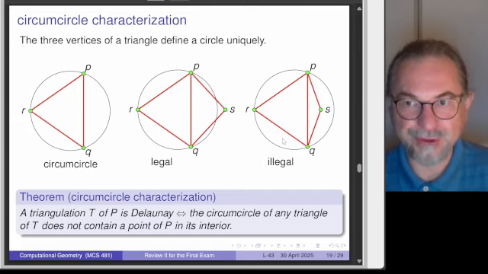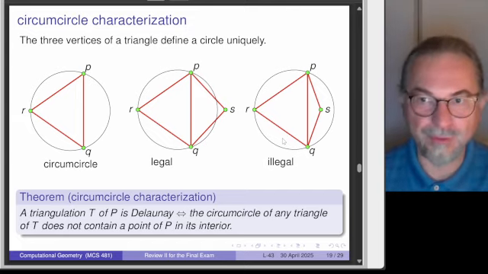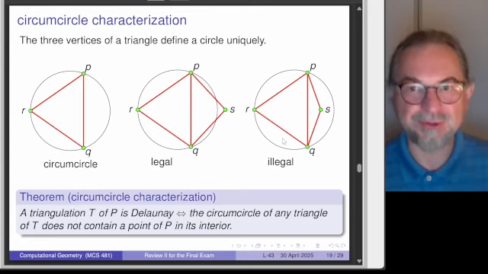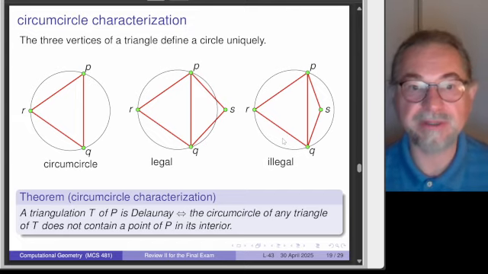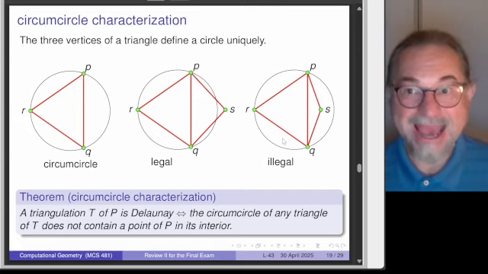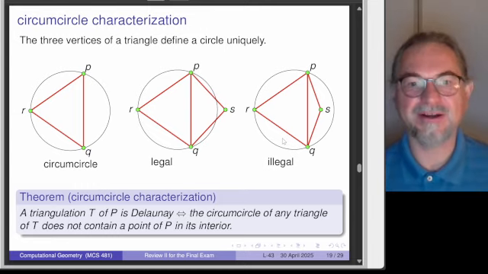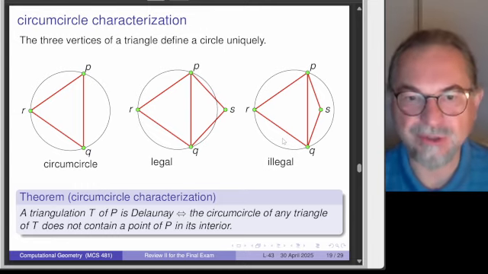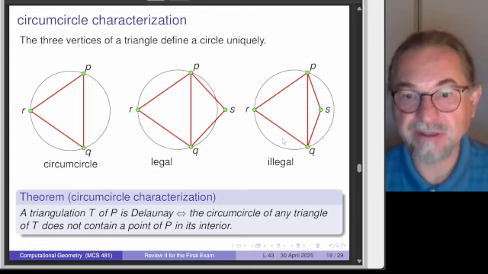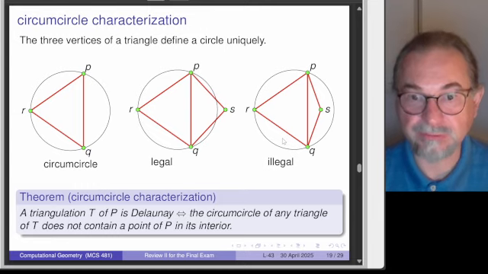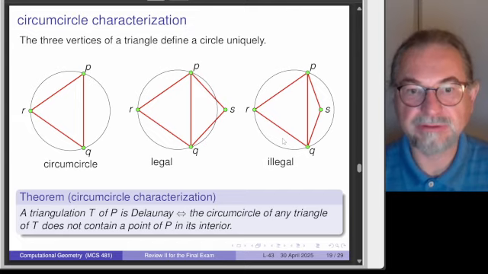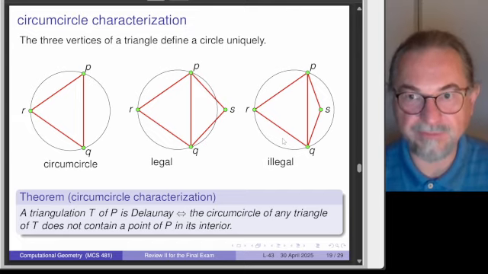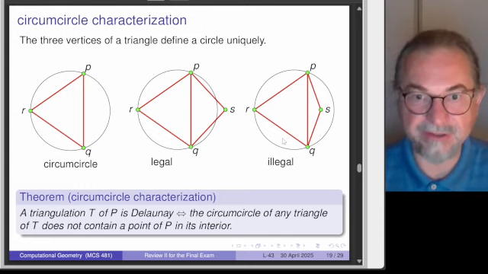So Delaunay triangulations are dual to Voronoi diagrams, so it's actually not a coincidence that we see circles again. So here is the theorem that we relied on. A triangulation of a point set is Delaunay if all the triangles, if you take all the circles around them, do not contain a point of the point set in the interior of that circle.